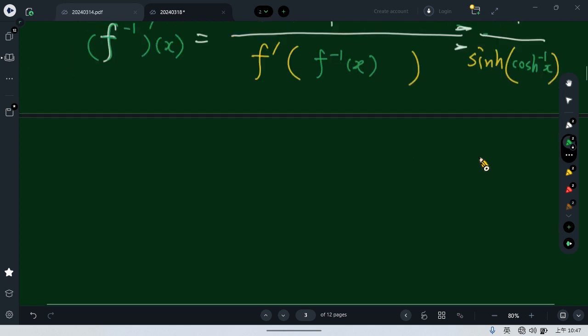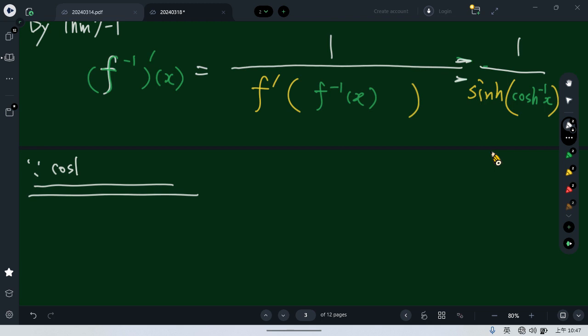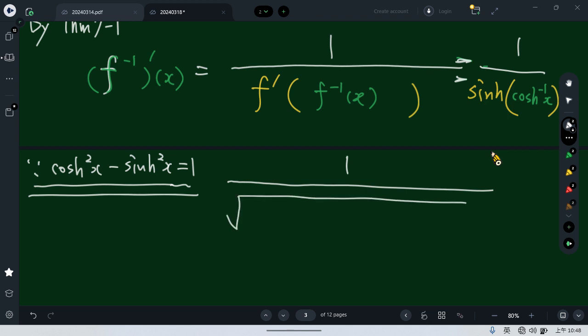We can try to convert it by, since hyperbolic cosine square x minus hyperbolic sine square x is equal to 1. So we can convert it into square roots of hyperbolic cosine square minus 1, right?